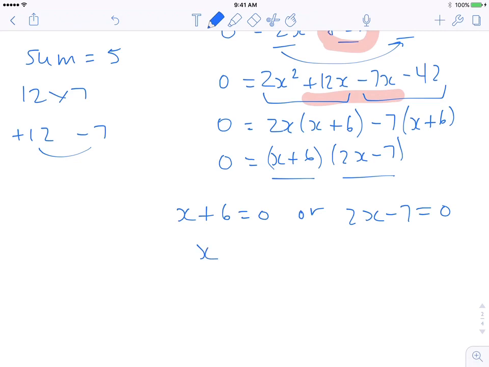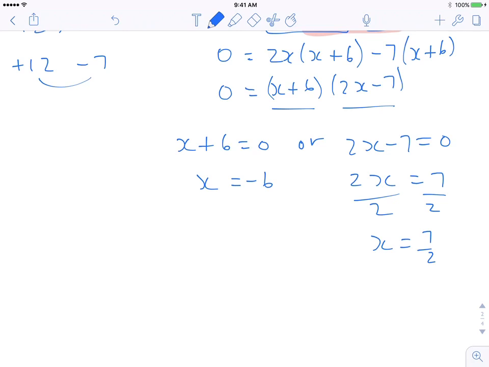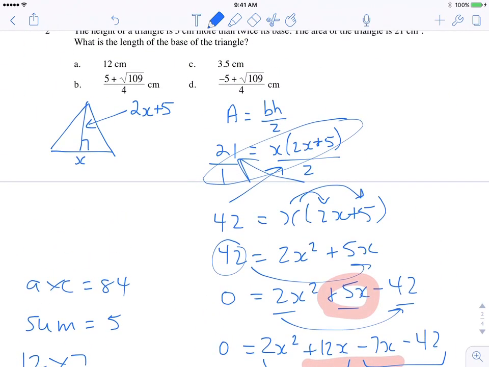If x plus 6 equals 0, then x equals negative 6. And if 2x minus 7 equals 0, we say 2x equals 7, divide both sides by 2, and x equals 7 over 2, which is really 3.5. So we have two possible answers. If x equals negative 6, then the base of our triangle would have a negative length, and that makes no sense.